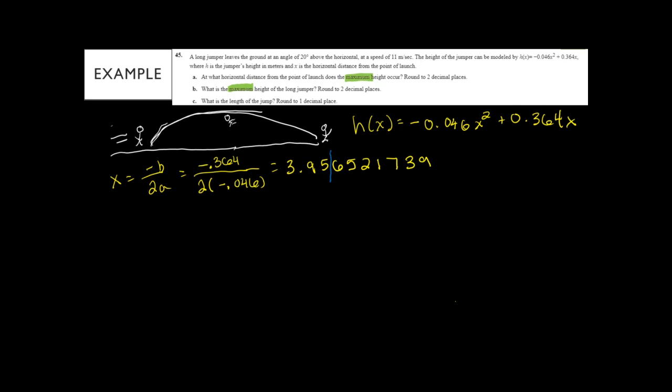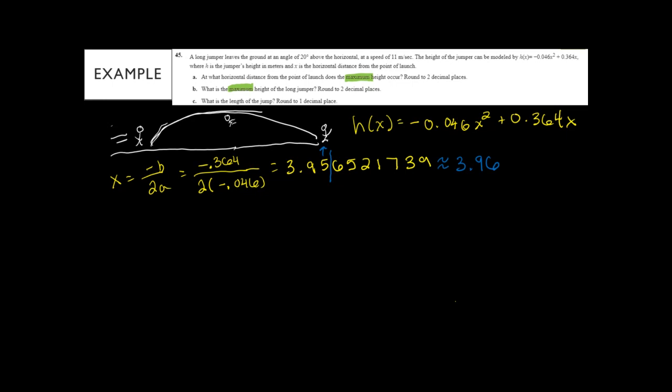The rule is if the first number after the line is 5 or higher, then you round up. Because the number after the line is 6, this 5 is going to be rounded up to a 6. So we're going to use 3.96.